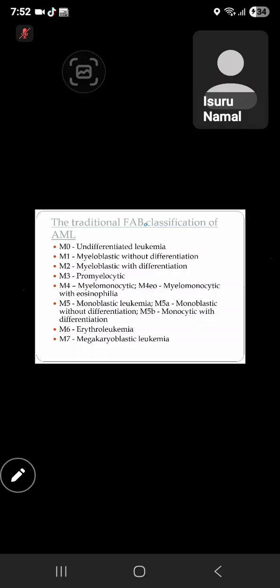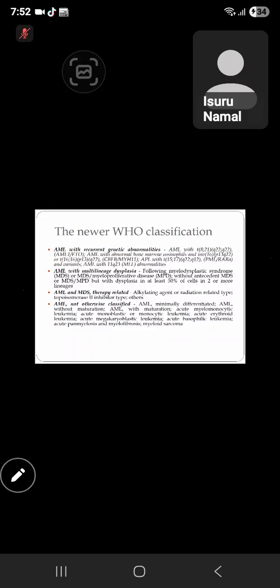Then different CD markers will be positive in these different cases. That's why in flow cytometry, you can categorize, you can classify, you can type these AML as AML M1, M2, M3, and so on, right? That is the traditional classification of AML. This is the newer classification, or the WHO classification.